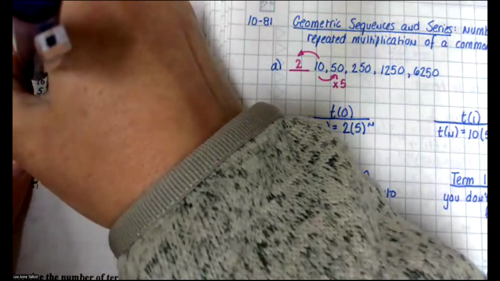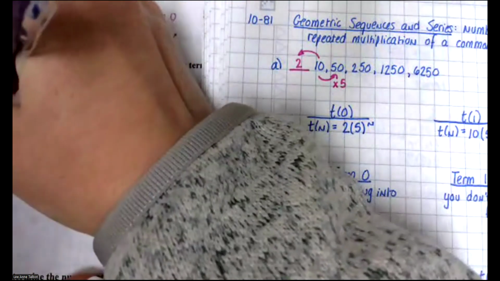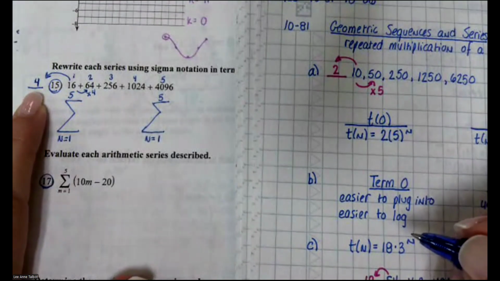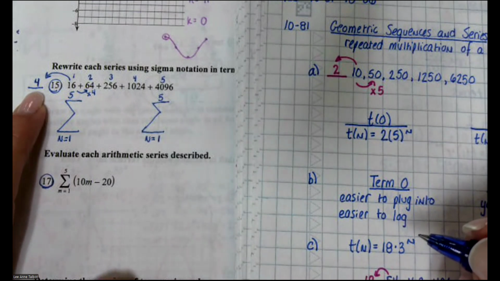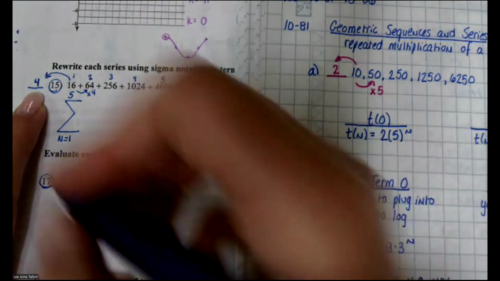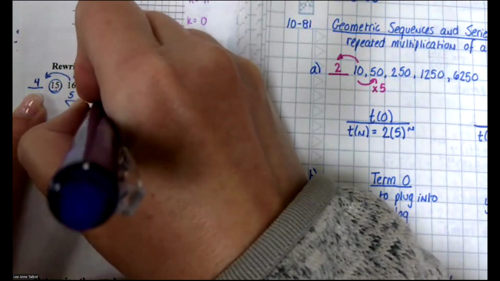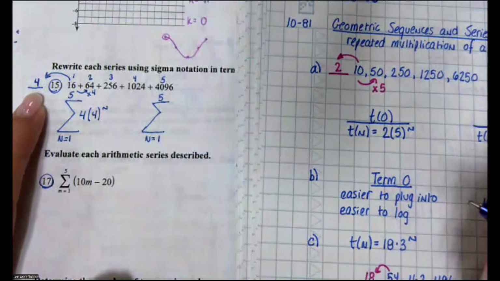So I'm going to make my backwards arrow. If it's multiplying by 4, then term 0 would be 4 also. Does that make sense, everybody? So you have term 0 times the multiplier to the n.